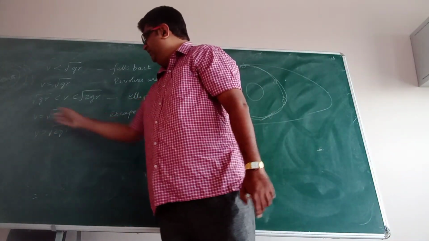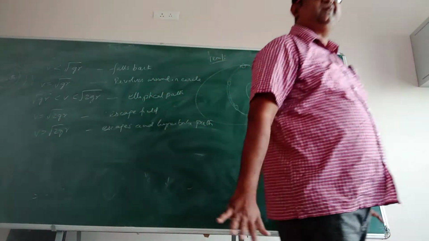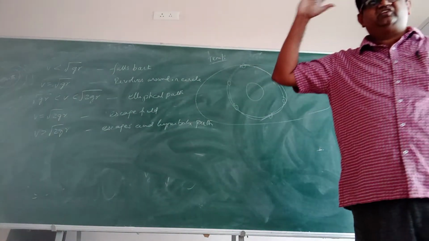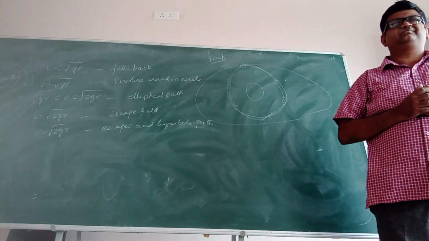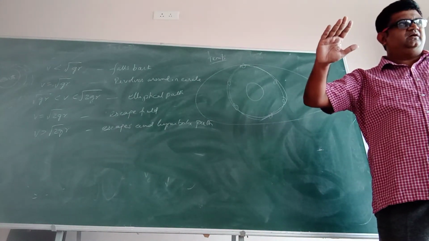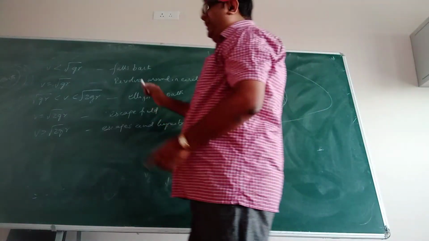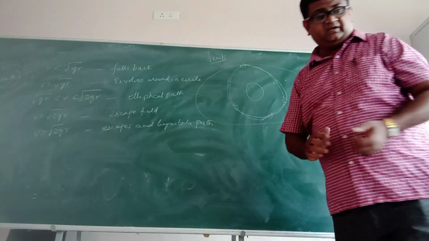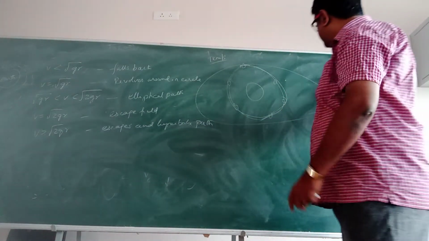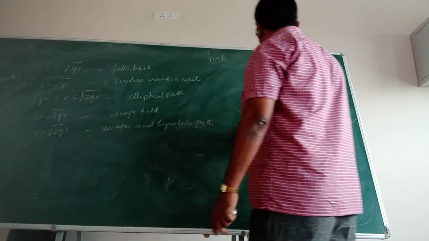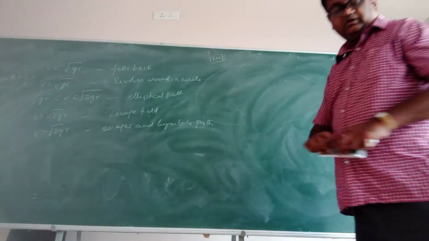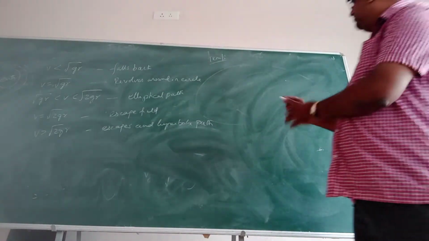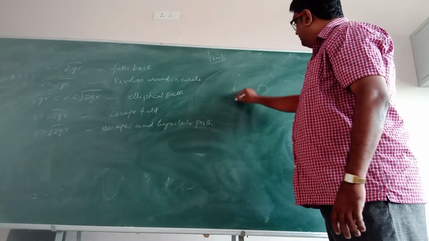Next condition, if velocity is equal to root over 2gr, it will escape into space. It will simply escape into space. I have drawn the previous diagram, you know. Remember that diagram? I have drawn this imaginary diagram. This is your earth.